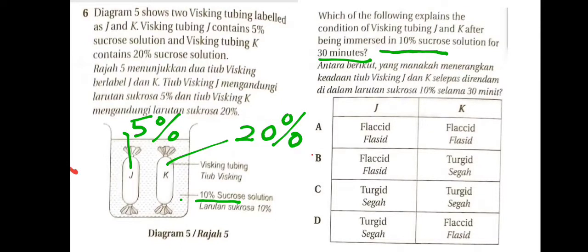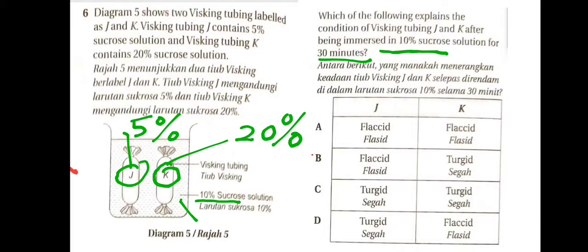So after 30 minutes, what happened to visking tubing J and K? That is what we want to find. What we need to look at is the sucrose concentration in J, in K, and outside in the beaker. J is 5%, K is 20%, and the beaker is 10%. So which is the most concentrated and which is the most dilute? By most concentrated, the teacher means the highest concentration of sucrose; the lowest sucrose concentration is the most dilute.